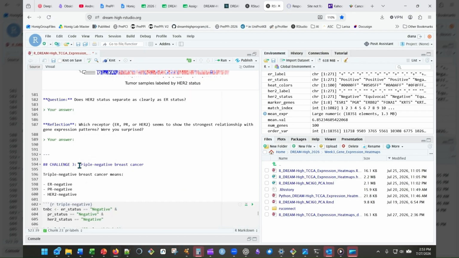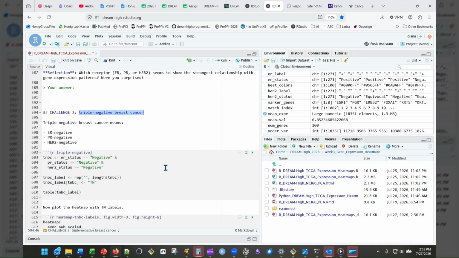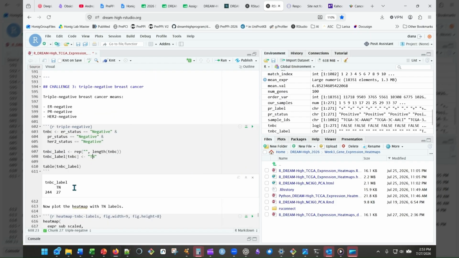So finally, we're doing triple negative breast cancer. This is where we have negative status for all three receptors. So we're creating a special label when all of the statuses are negative. We're going to call it triple negative. And we're going to have a label for that. So we have 27 cases of triple negative and 244 undetermined.